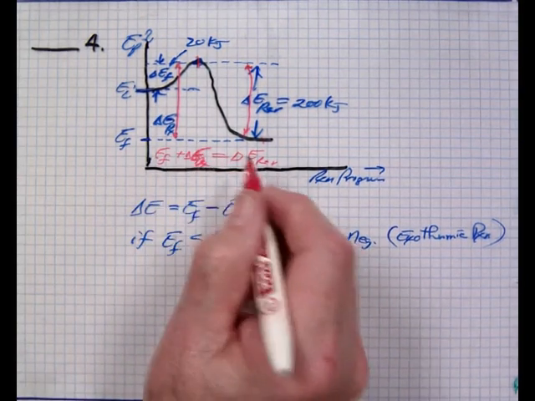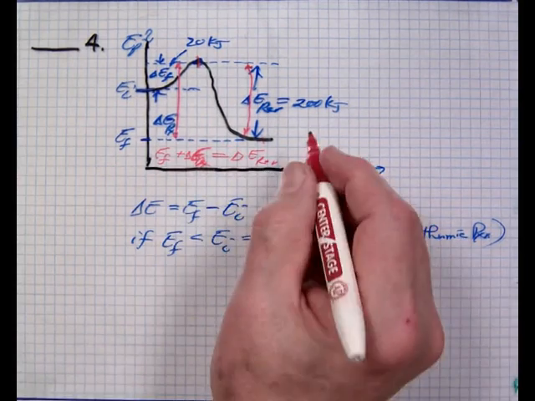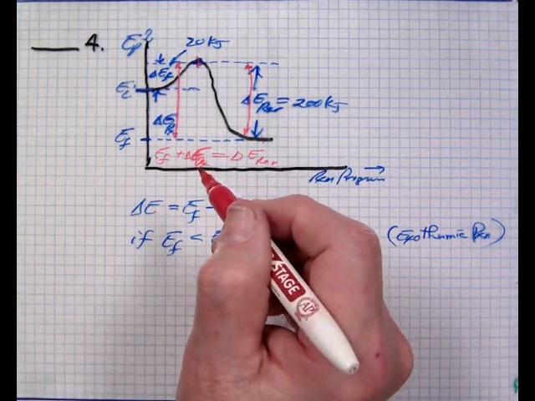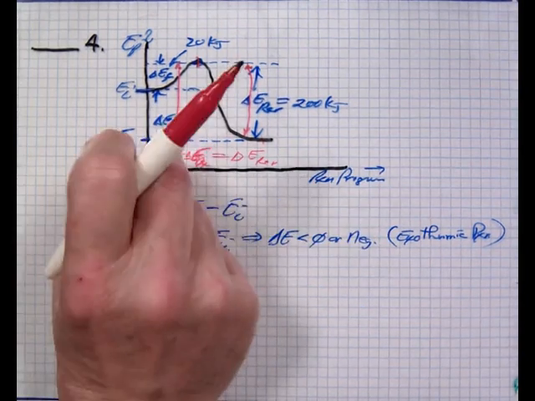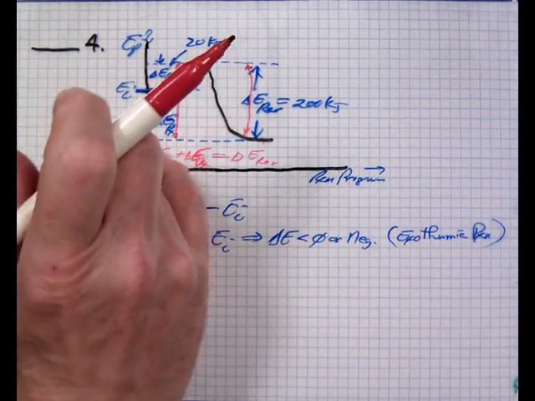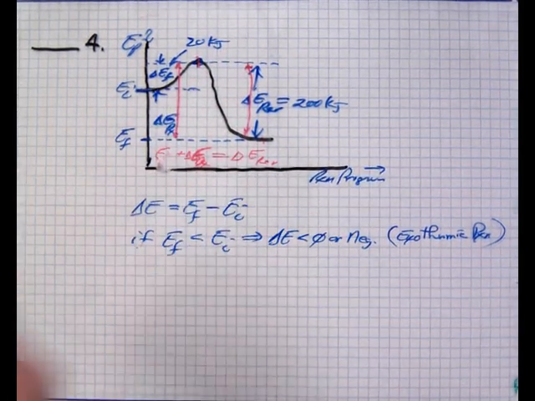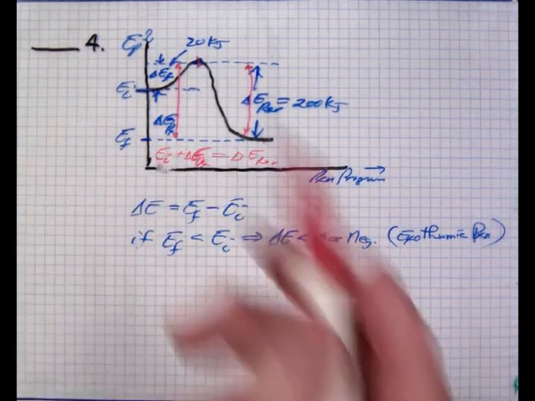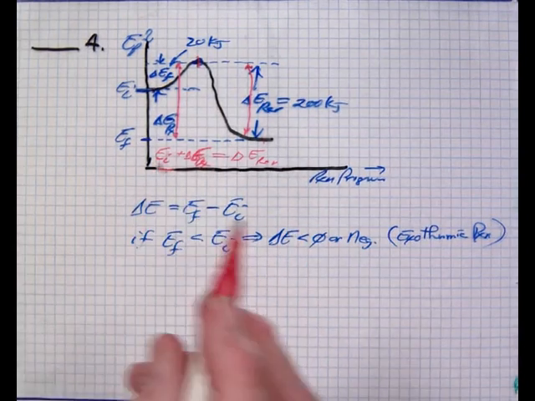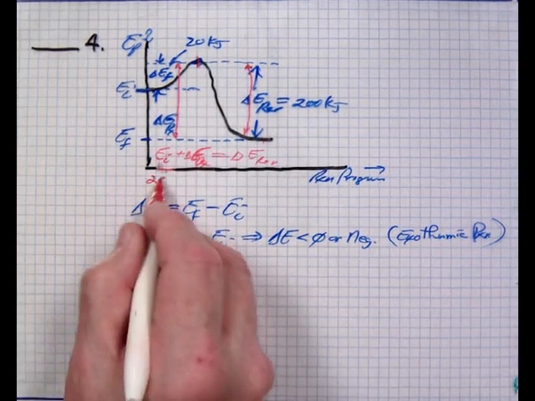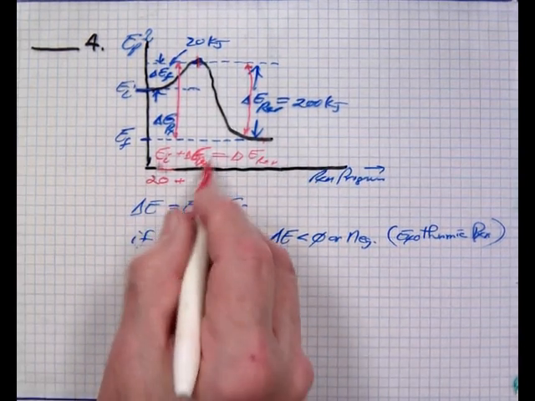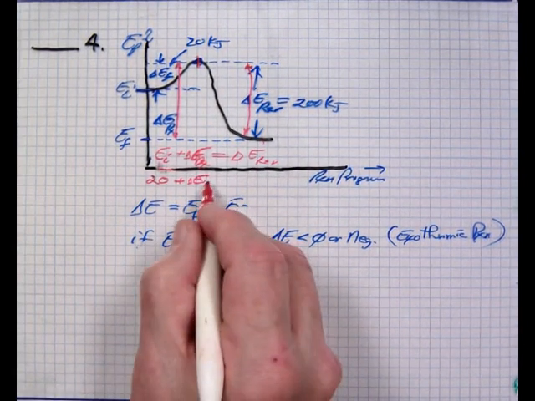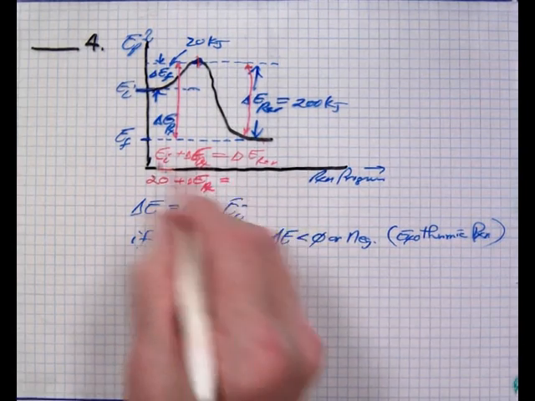See, final is above the initial. No, that's wrong there. That's F for forward. Initial activation energy from here to here, okay, is 20 plus the heat of reaction equals 200.